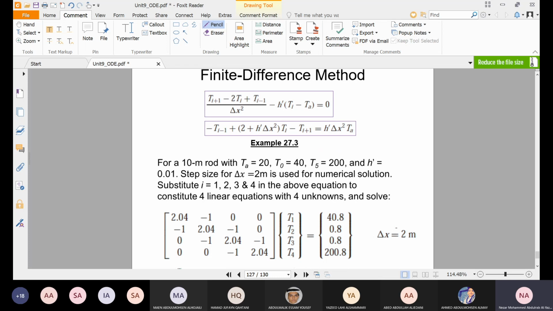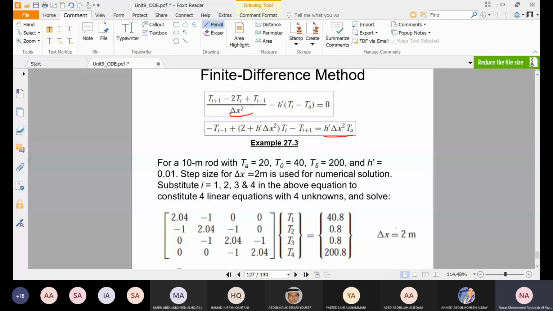So if you substitute in the equation instead of the second derivative the format from central divided difference, after that we multiply both sides by delta x square, and we take the common factor to the right hand side, because all these parameters are constant: TA is constant, delta x square is constant, h bar is constant.